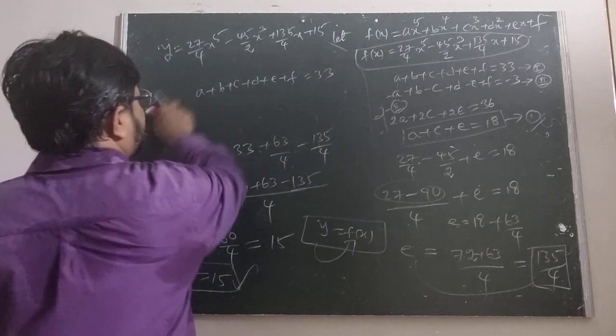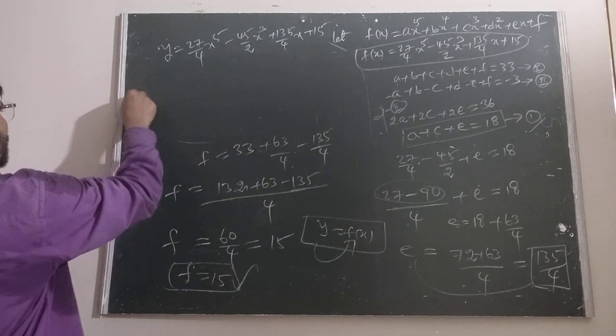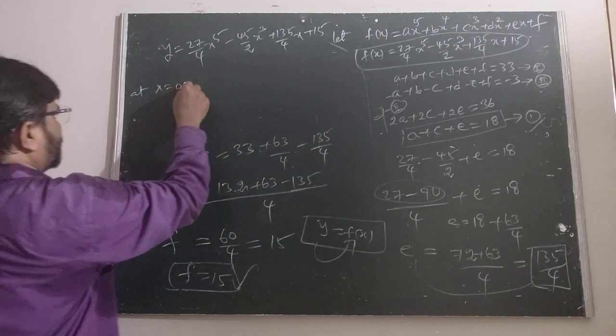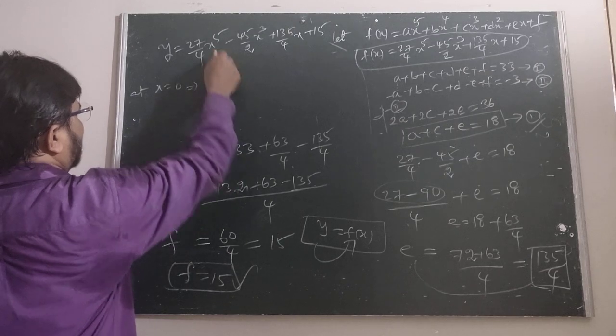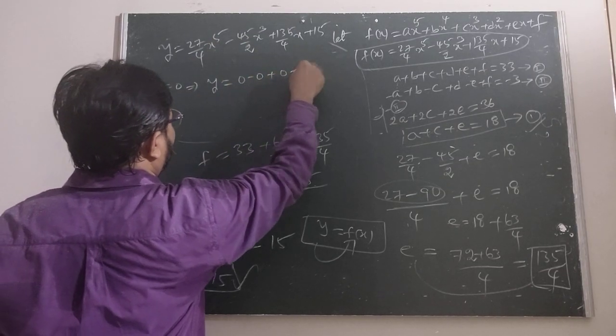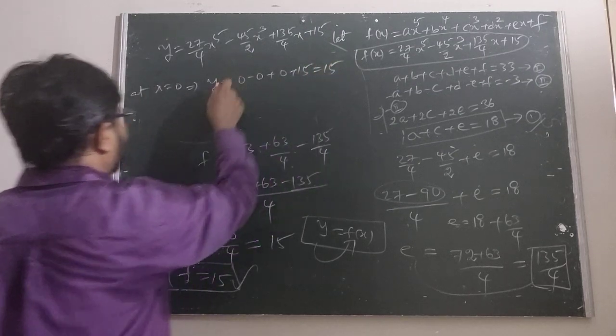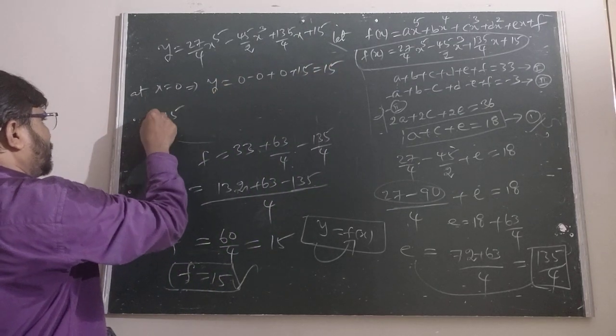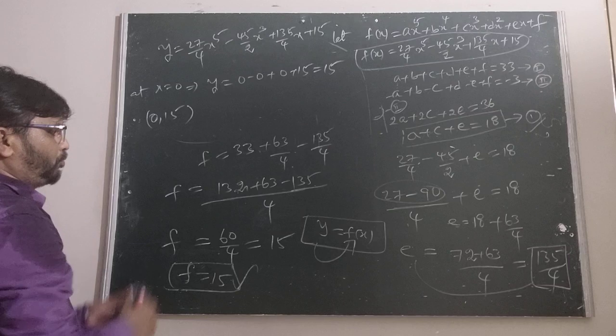Now for the tangent at x equal to 0, y equals 0 minus 0 plus 0 plus 15. So y is 15, and 0 comma 15 is the point.